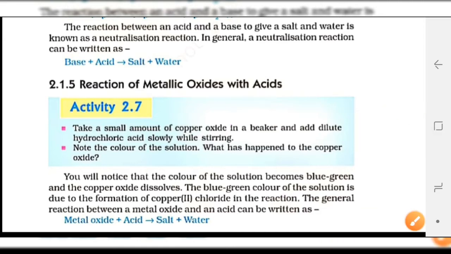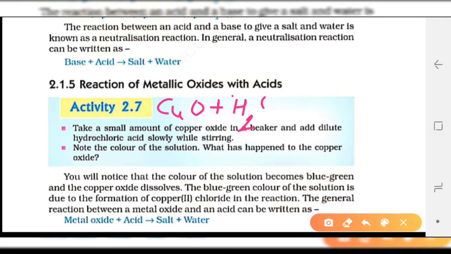Once again I will write here properly. Copper oxide, CuO, plus HCl, hydrochloric acid, gives CuCl2 plus H2O.